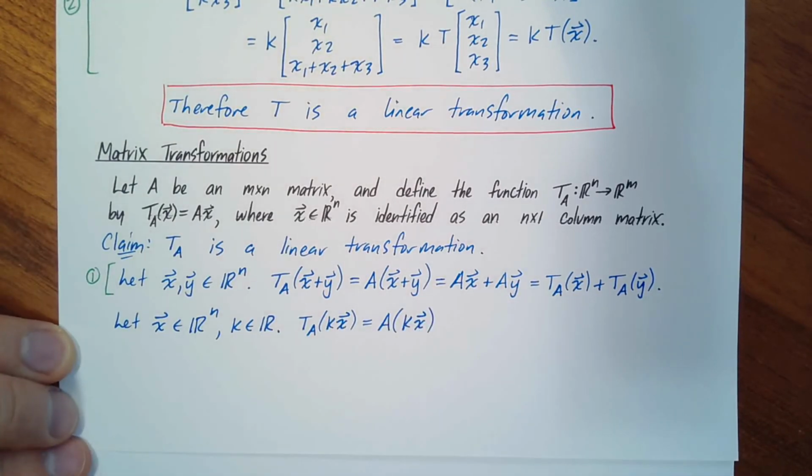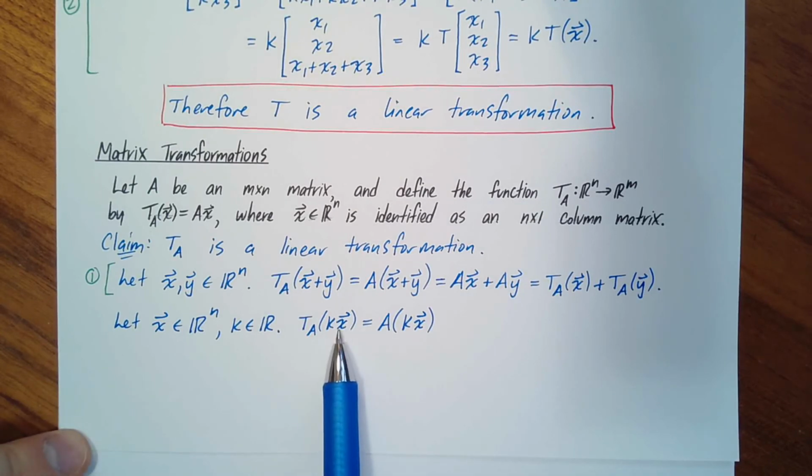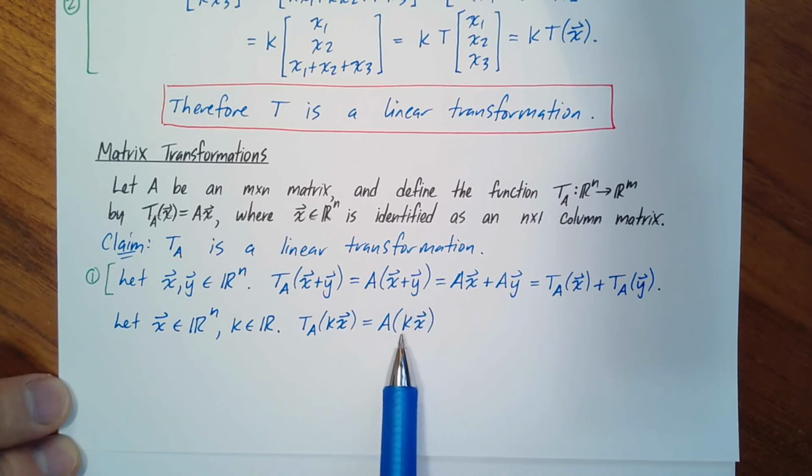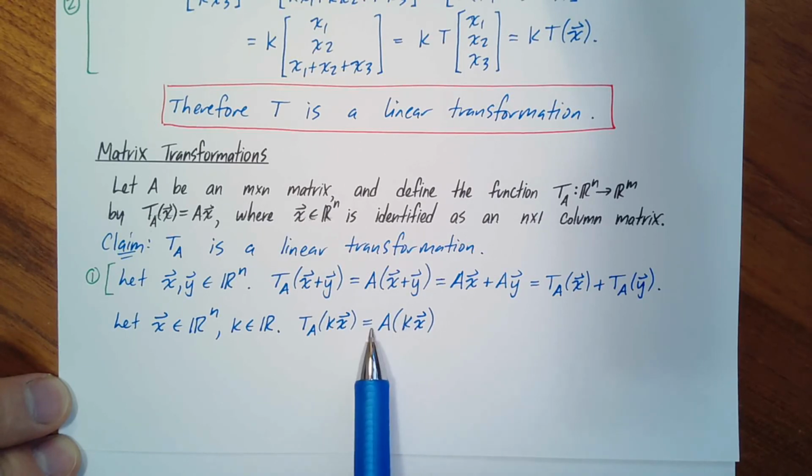times kx, and now, remember the vector is a matrix here, so we've got a matrix multiplied by a product of a scalar times a matrix. So this scalar can be pulled right out. That's another matrix property in section 1.4.